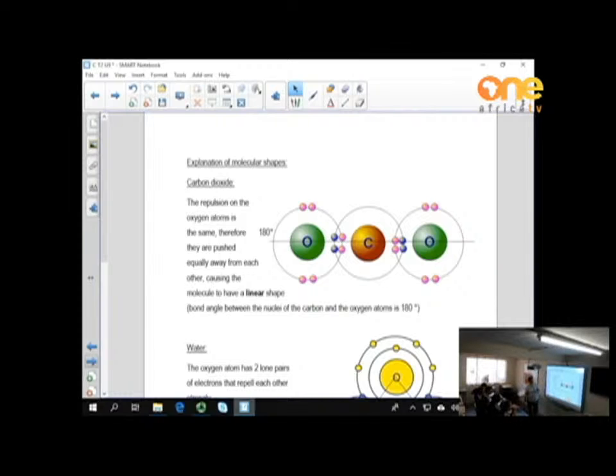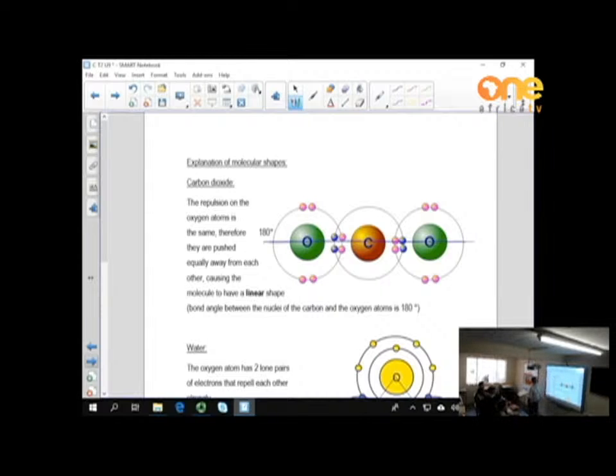Now, what is important is that carbon forms the center atom. We have two bonding pairs there, two bonding pairs there, no lone pairs. We will find that the repulsion on both sides of the center atom is the same, and it will push the angle between the oxygen, carbon, oxygen into a straight line.